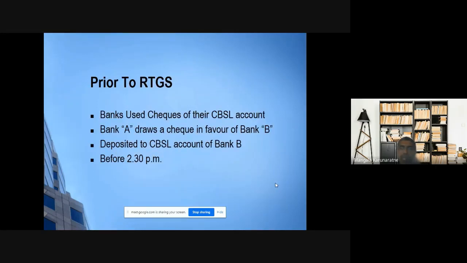Now, since most of you didn't see the pre-RTGS era, I will go through that as well, for a better understanding of what happened earlier.